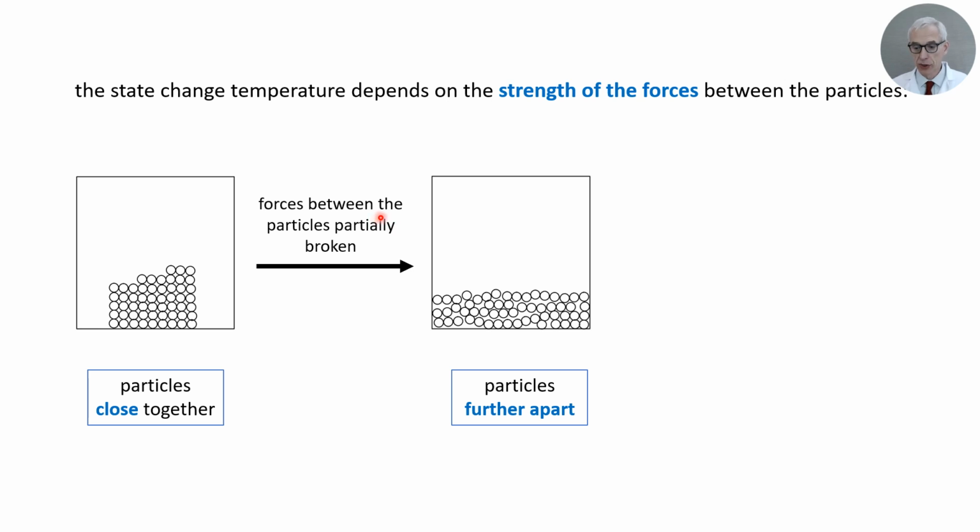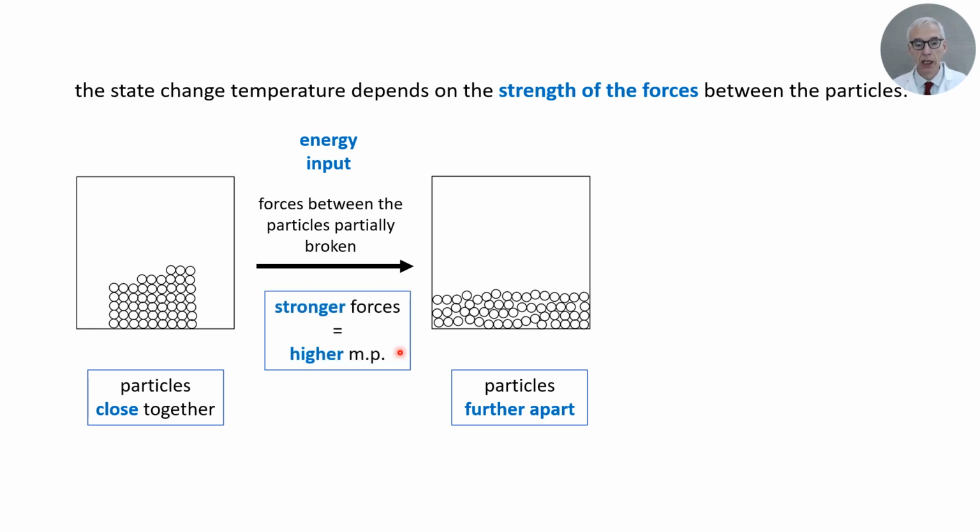So it must be true that the forces between the particles have been broken or partially broken. That requires an input of energy. To break bonds, you put energy in. If the forces between the particles are strong, that will result in a high melting point. So the stronger the forces between the particles, the higher the melting point.